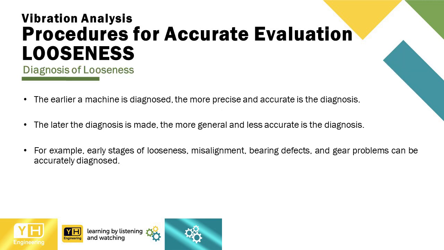Vibration analysis. Procedures for accurate evaluation. Looseness. Diagnosis of looseness. The earlier a machine is diagnosed, the more precise and accurate is the diagnosis. The later the diagnosis is made, the more general and less accurate is the diagnosis. For example, early stages of looseness, misalignment, bearing defects, and gear problems can be accurately diagnosed.